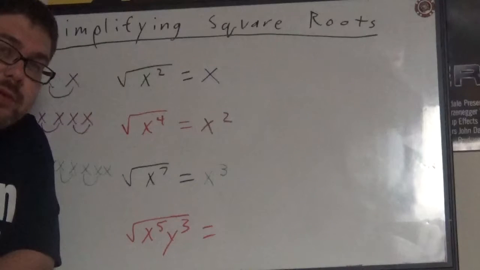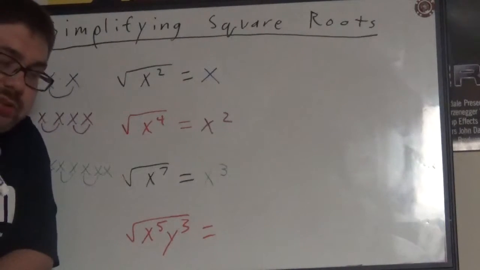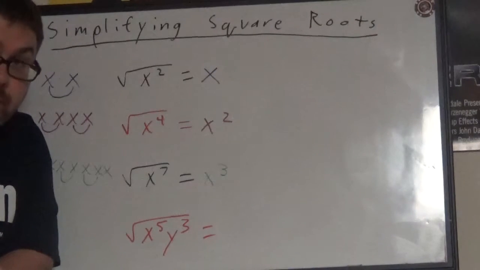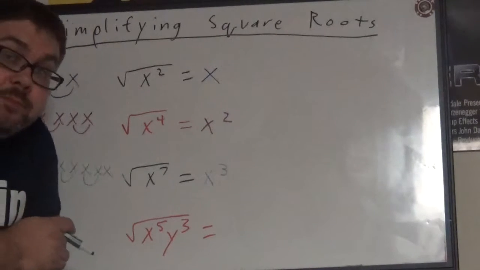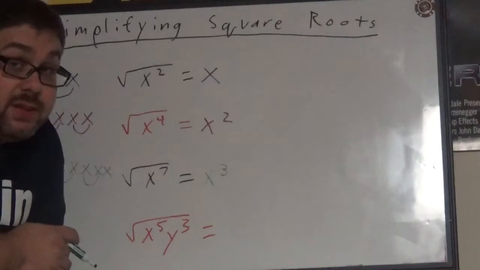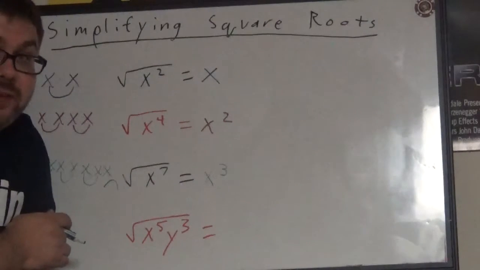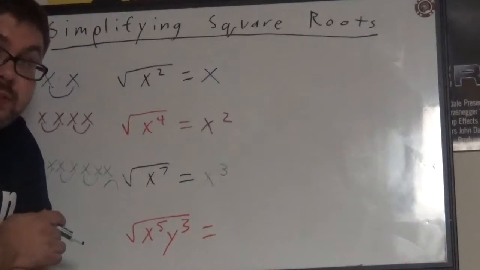Remember, each square and square root canceled for each of those individually. What about this one that's left over? Well, he's not getting a smiley face. I'm going to give him a sad face. I wouldn't really do that on your paper, but I'm doing it here because he's sad.